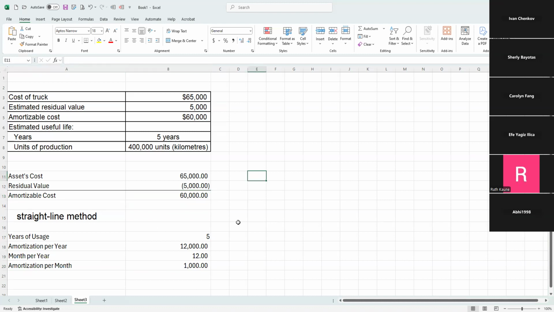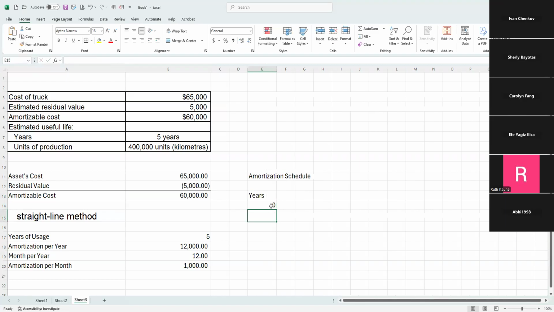So let's prepare this amortization schedule. On that amortization schedule, in the beginning, we're going to have years. First we're going to have year 0, year 1, and keep going until year 5. Always in the beginning, we're going to start with the beginning balance.